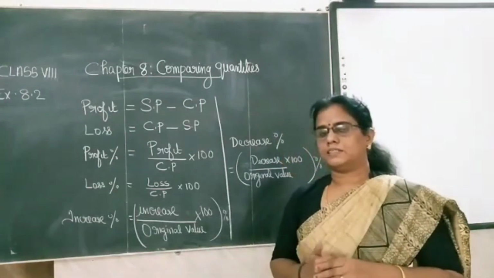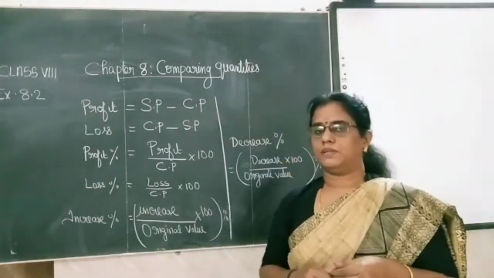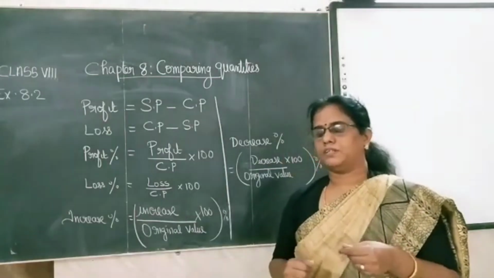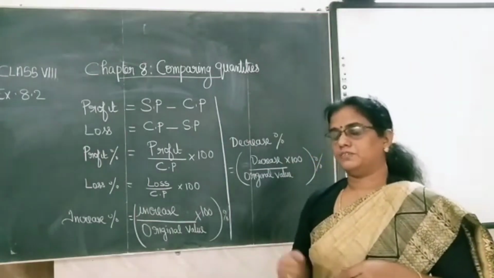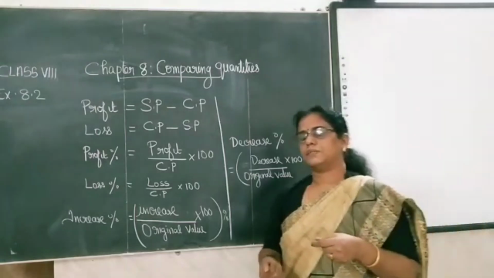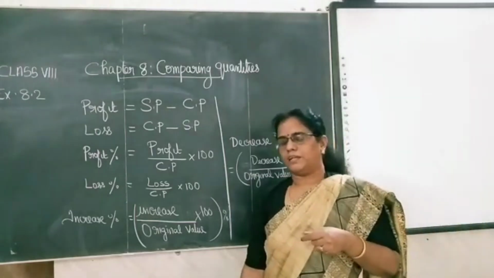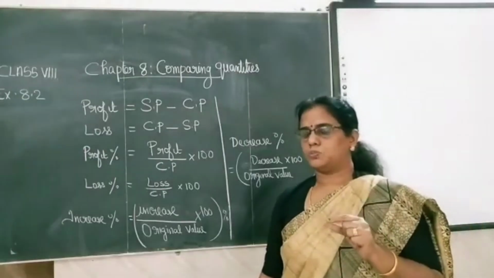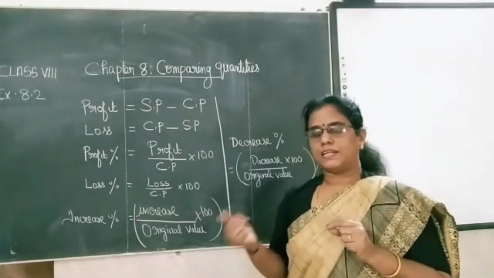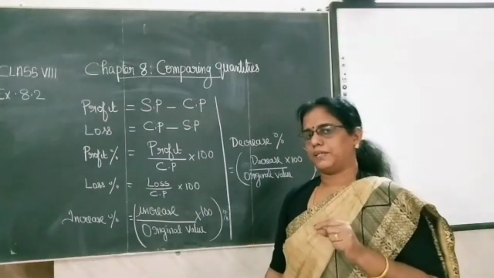In that case, if there is profit, then the selling price will be greater. If the selling price is less, that means there is loss. The price at which we buy things is called the cost price, and the price at which we sell is called the selling price.